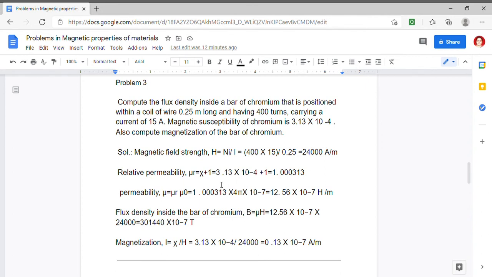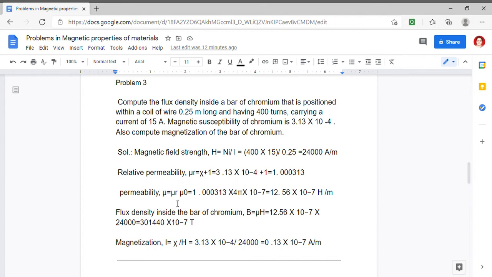So using this, we can find the relative permeability as susceptibility of chromium is 3.13 into 10 raised to power minus 4.